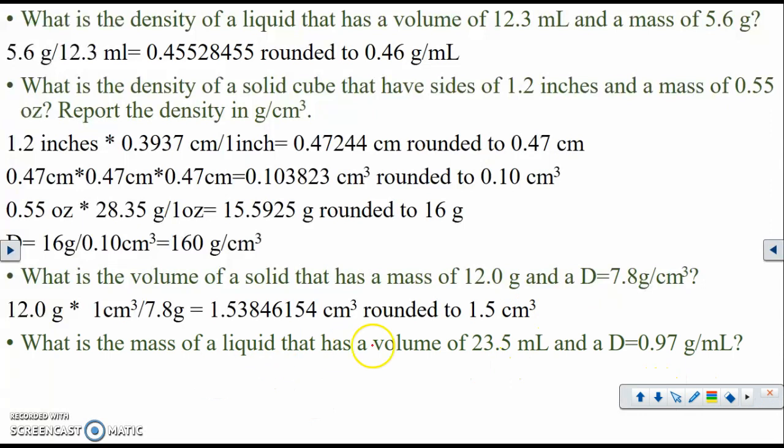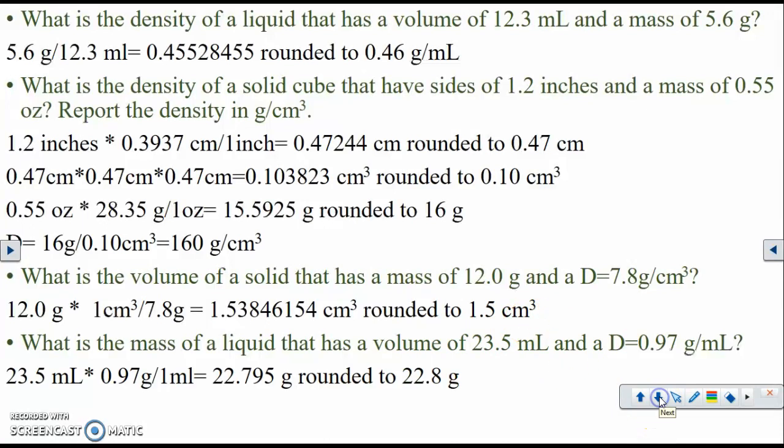Now we're trying to find the mass of a liquid that has this volume and this density. If the previous one was 12 divided by the density, guess what? This is now volume times density. You know that it's volume times density if you use the density pyramid, but you can also use dimensional analysis here. Why?